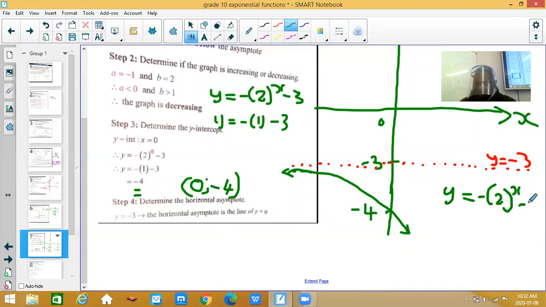Just take any point which will help you determine it, because now we've got this point. Where do we have the other one? Just take any point, any number, a simple one.